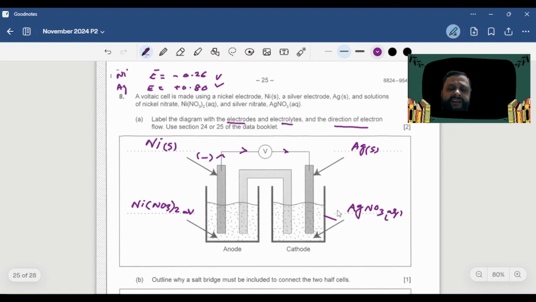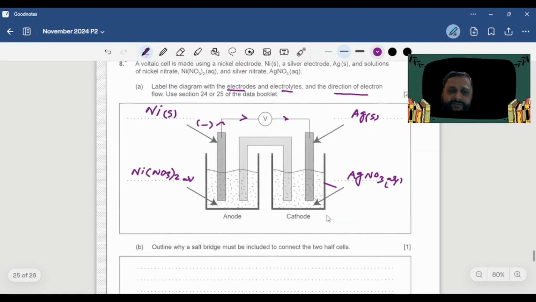Looking at the E values, the most negative needs to get oxidized because it's a better reducing agent, and the most positive needs to get reduced because it's a better oxidizing agent. So nickel is in this case our anode and silver solid is our cathode.